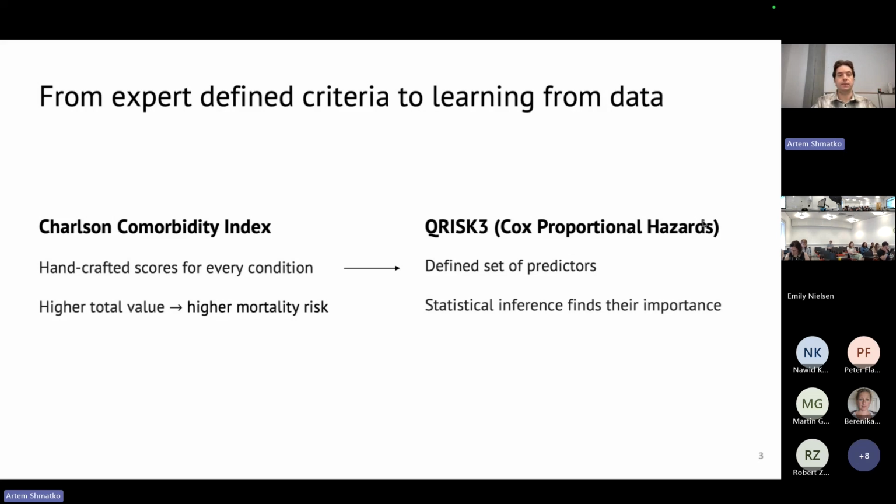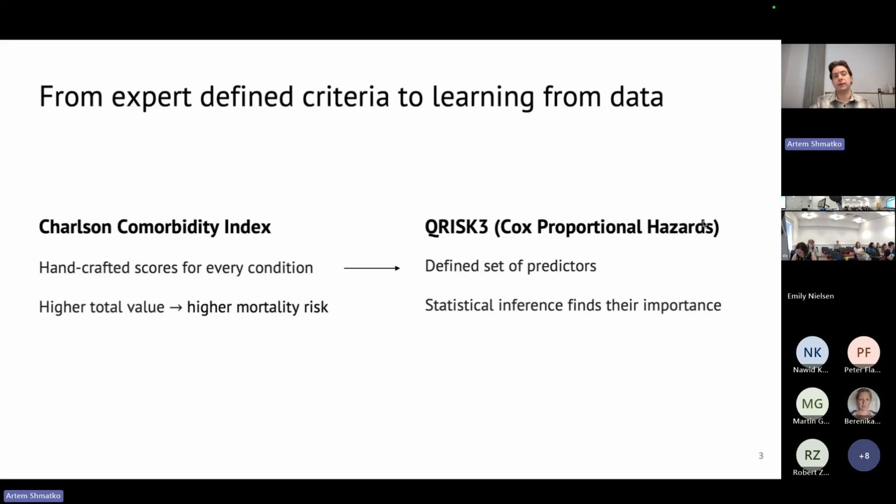And then these hand-defined scores are summed up, and the higher the value is, the higher the mortality risk is. So everything worked manually and was expert defined, but it already worked better than just the conventional doctor-led diagnostic routine. So people saw a great potential in it.